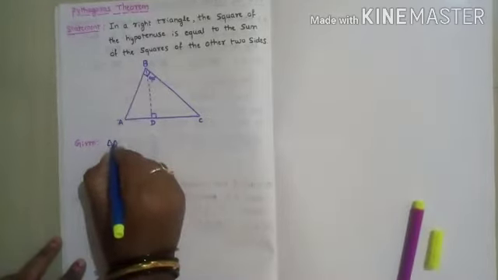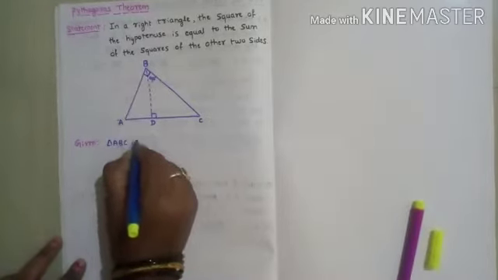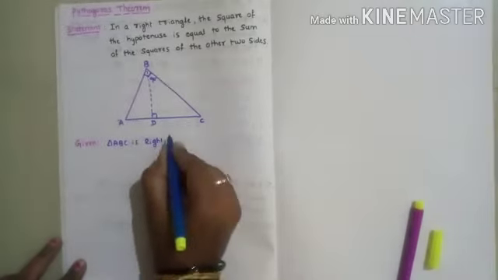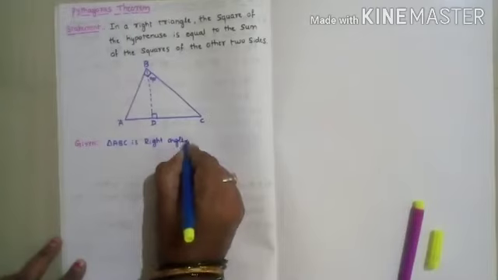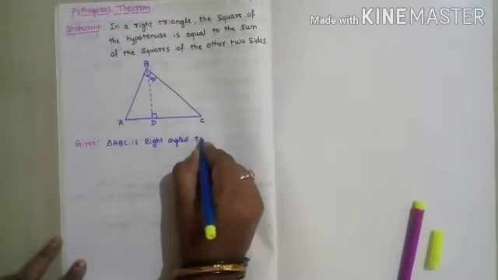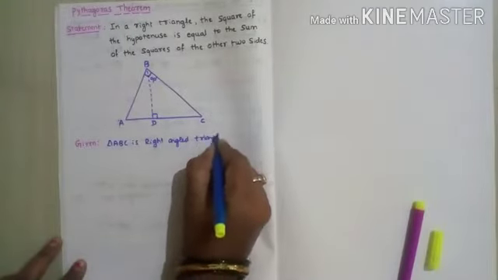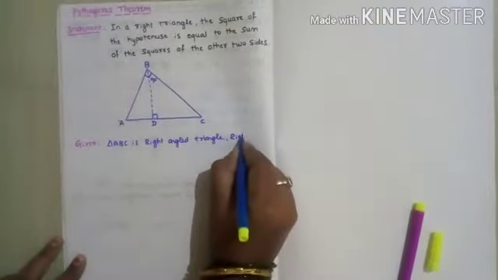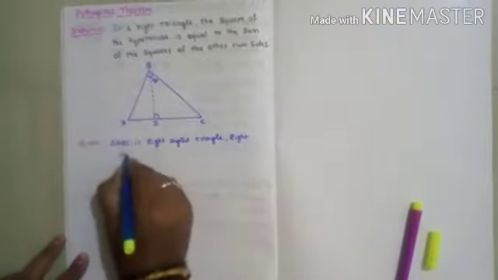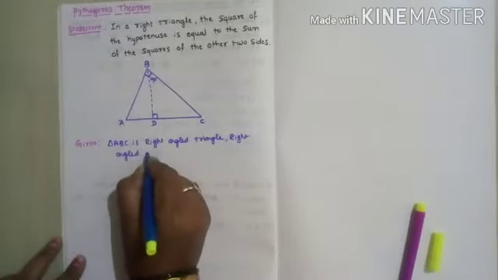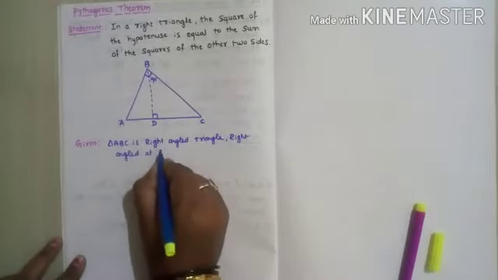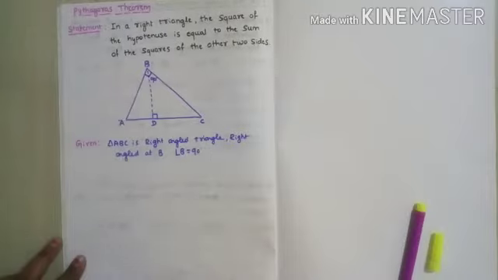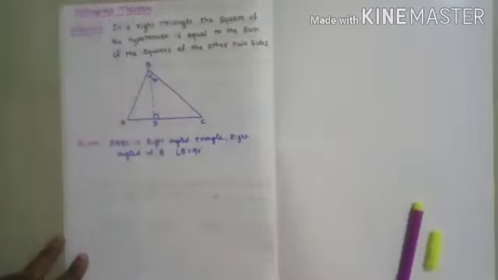Triangle ABC is a right angled triangle, right angled at B, which means angle B is equal to 90 degrees. At vertex B, there is 90 degrees.